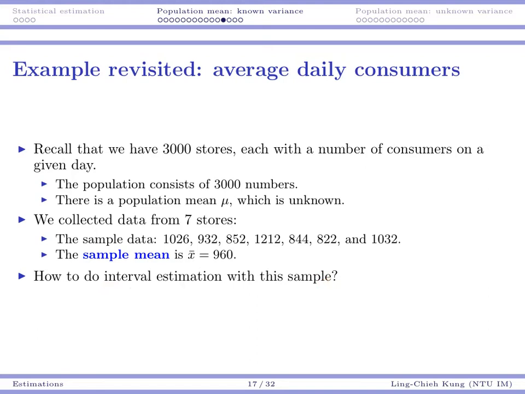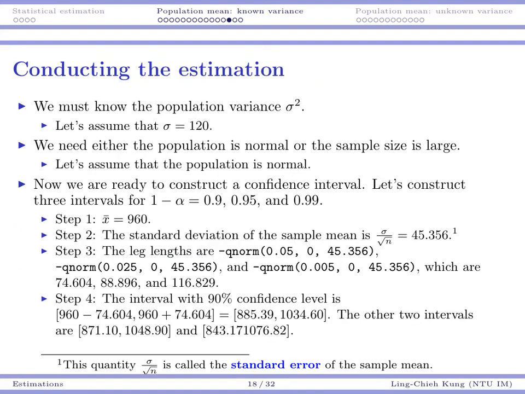Or I should say, how may I create a confidence interval according to a certain confidence level? So up to now, we must know the population variance. Otherwise, we don't know how to do it. So to make it simple, let's assume it's some number we know.